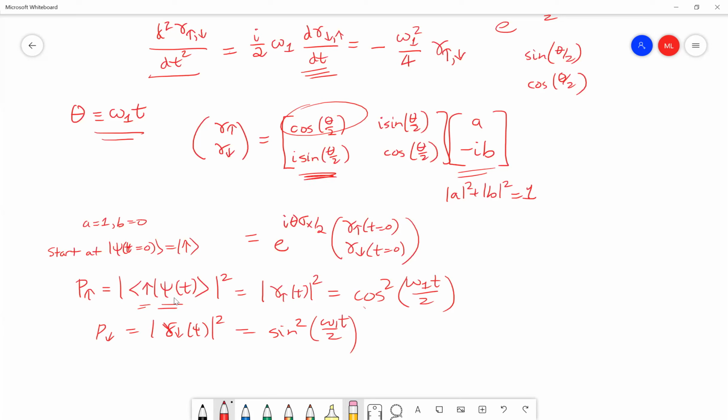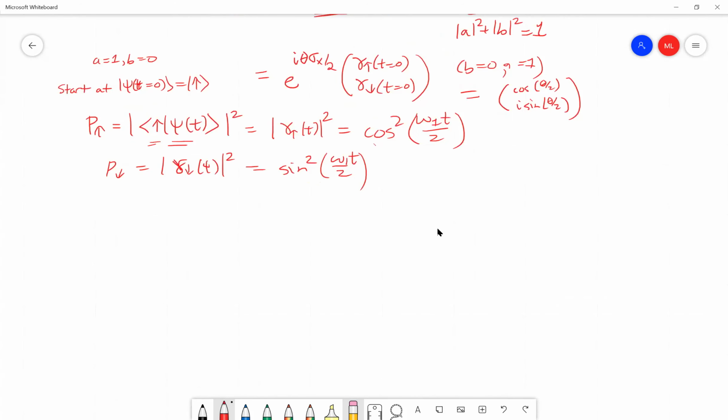When we multiply it out again, if B is equal to 0 and A is equal to 1, then this whole thing is equal to cosine theta over 2, and then it's i sine theta over 2. Just doing the matrix multiplication there. It's just this guy.